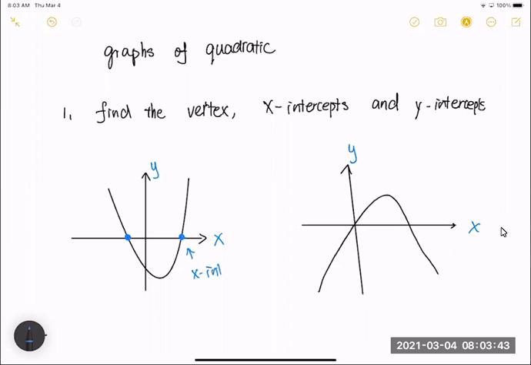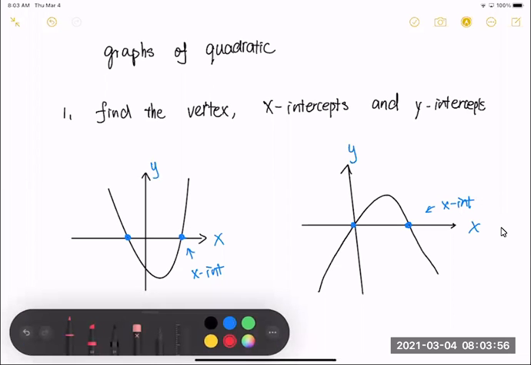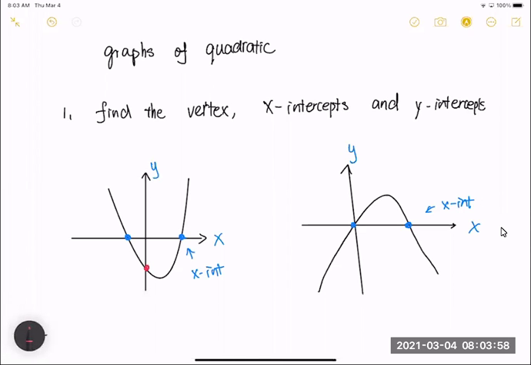And when the parabola intersects the y-axis, that is called the y-intercept. Okay, so look at the second graph. Sometimes the x-intercept and y-intercept can be the same point, which happens to be at the origin, (0, 0).